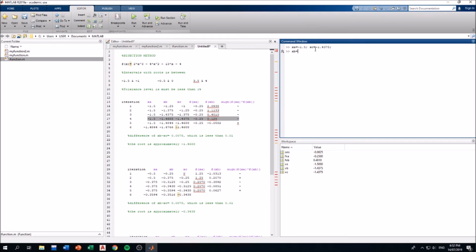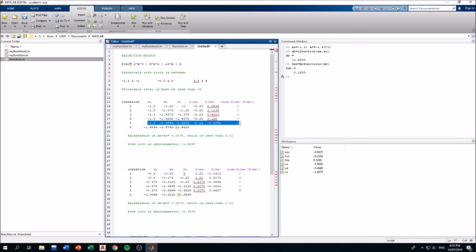We find x sub b. And then we find f of x sub a and f of x sub b. F of x sub a is still the same. F of x sub b will give us 0.1280. Multiply the signs, still leave us with negative, so we continue.